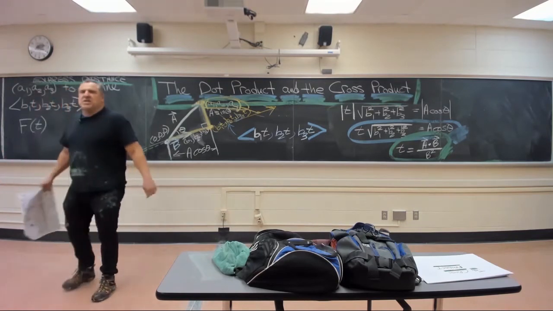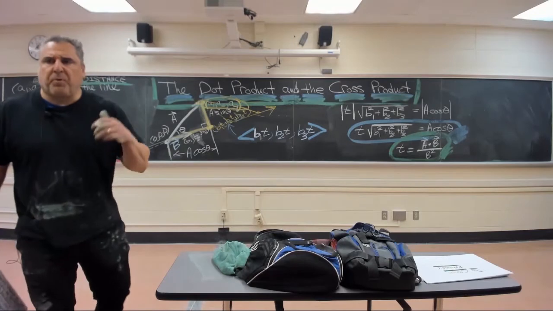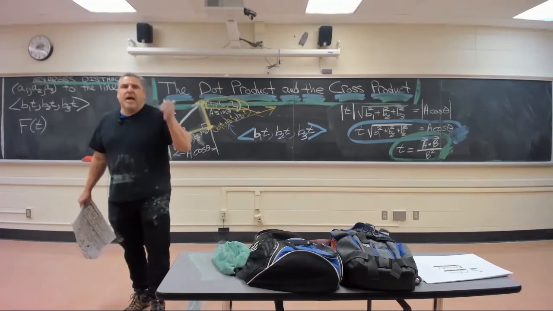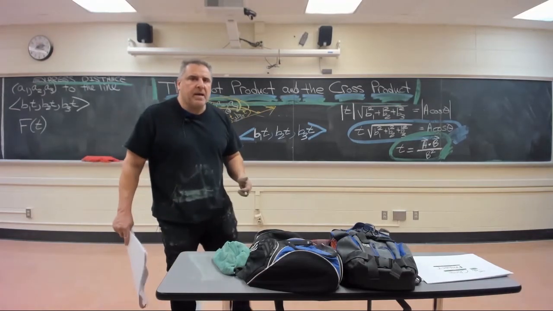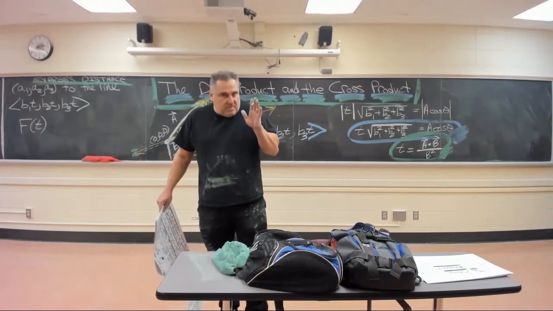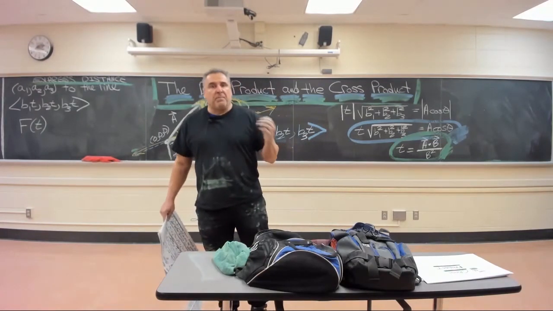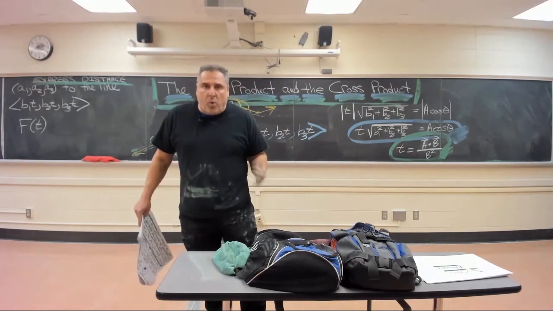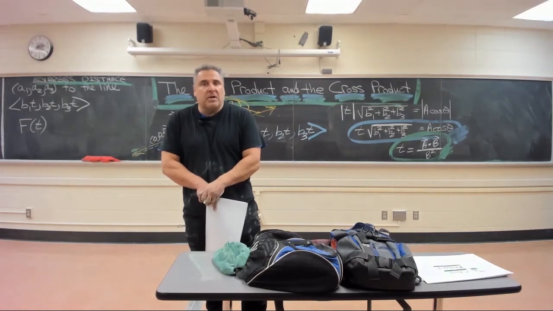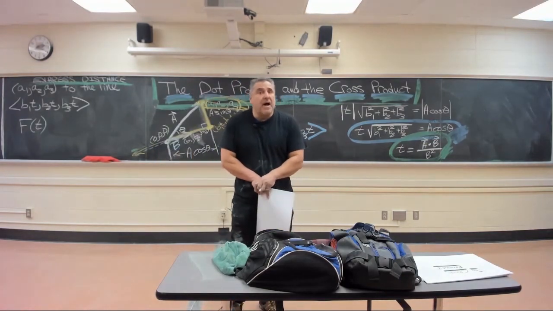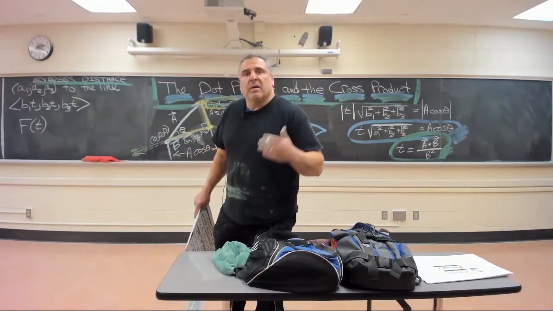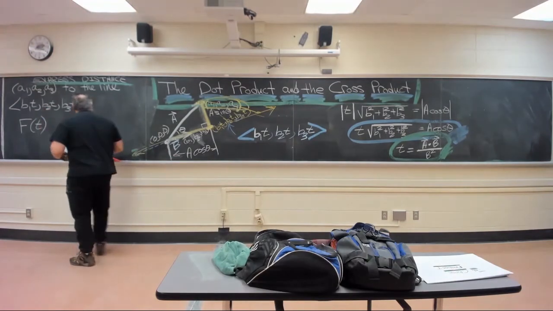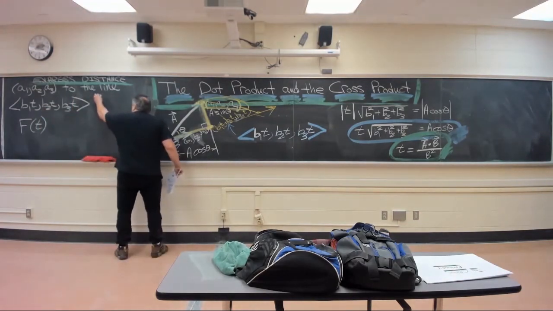Capital F of t is the distance as a function of the parameter t, regarding the distance from the point A1, A2, A3, those coordinates, to any coordinates on the line defined by the B vector. These are basically the coordinates of the line.